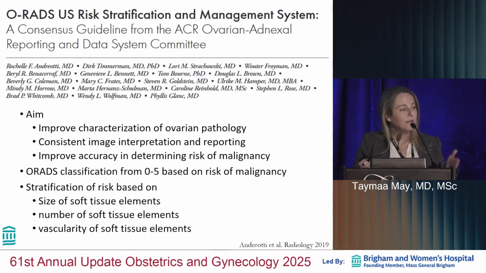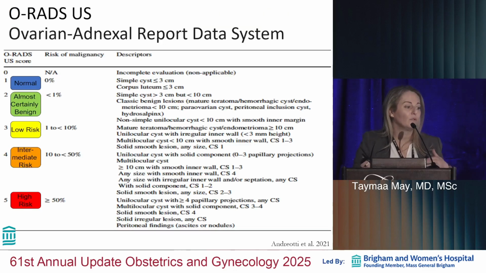I think the biggest thing I have noticed in practice since the introduction of the O-RADS score is consistency. Before, it depended on which lab the patient went to, which radiologist. Sometimes you would get a very thin report which doesn't have a lot of details. Sometimes you get a very descriptive report without actual interpretation. And this is very helpful because it actually gives you an interpretation as a score.